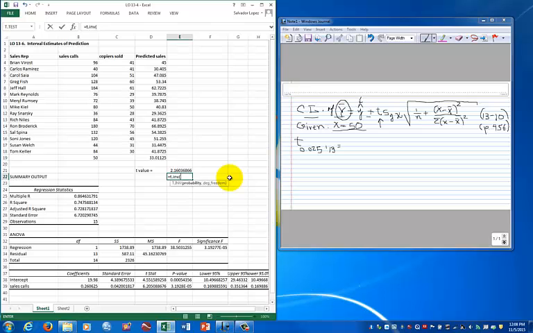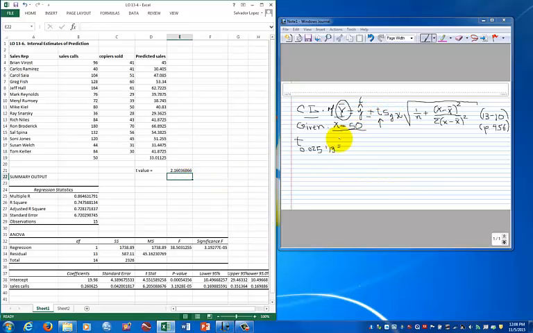Since it is 0.025 on the upper tail, it should be 0.975 on the lower tail, or cumulative area. And then degrees of freedom 13. Oops, I put 2, degrees of freedom 13. Notice it's the same value, 2.16.